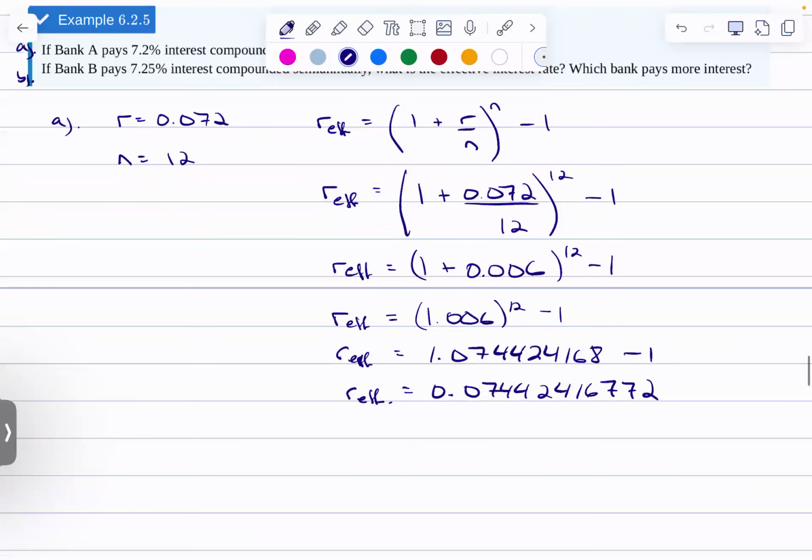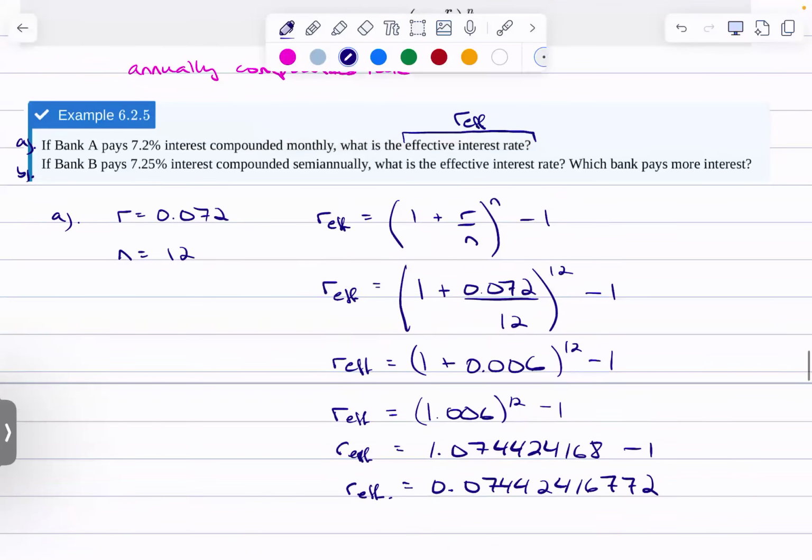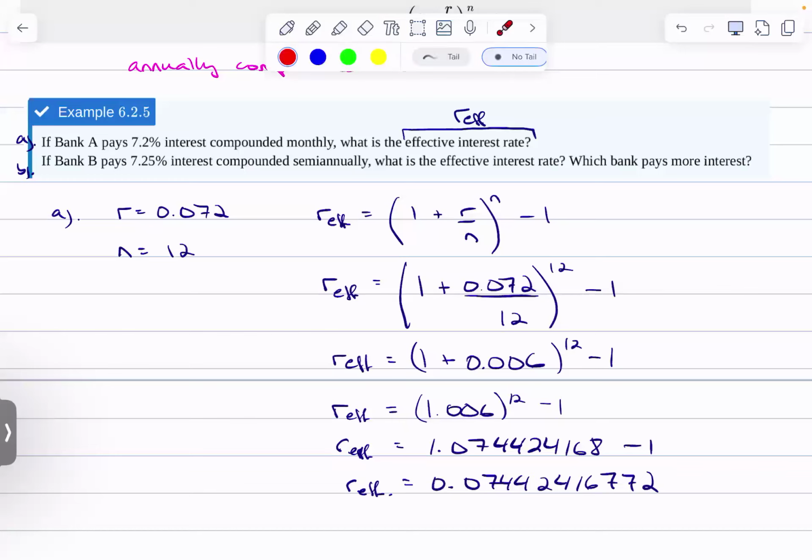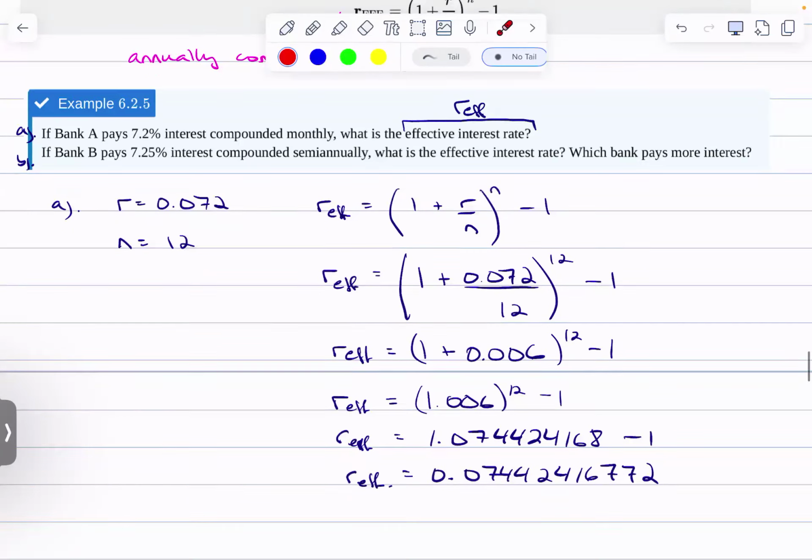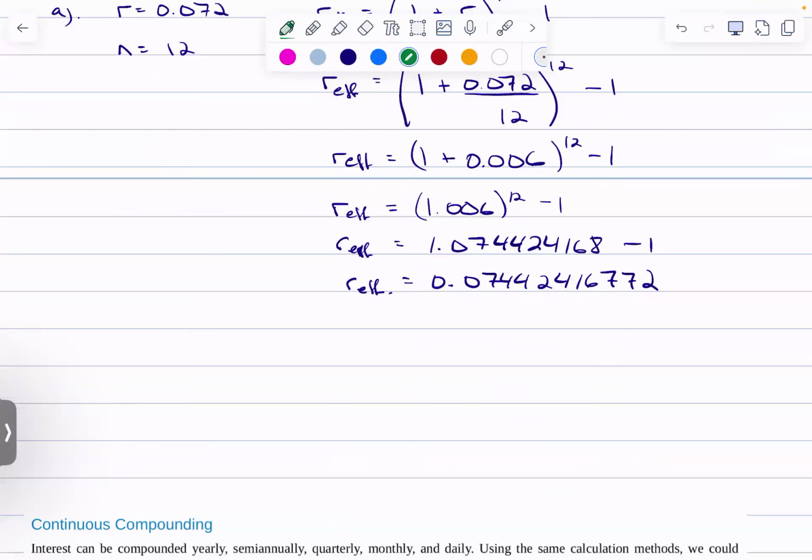What does this mean? This means that 7.2% compounded monthly is going to give you the exact same result as 7.44% compounded annually. So here, let's jot that down.